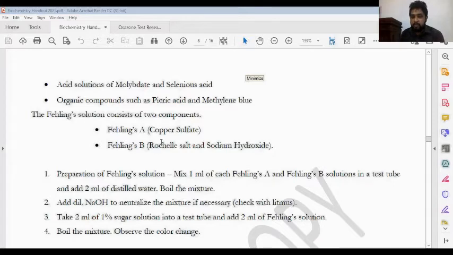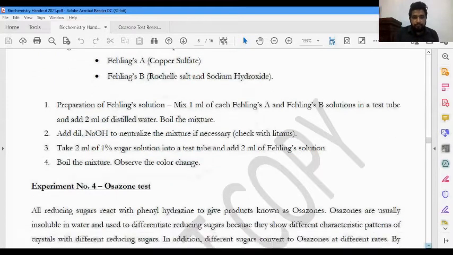The complex is bitartrato cuprate(II). In the Fehling test, the final Fehling solution should be slightly basic. Therefore, we have to add sodium hydroxide if necessary and check with litmus.